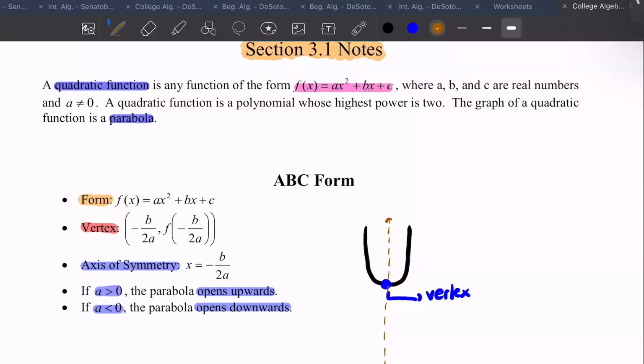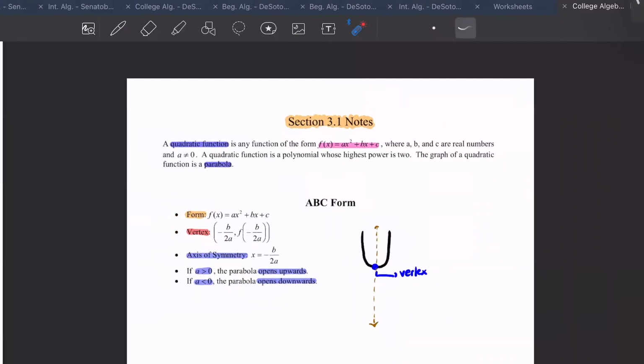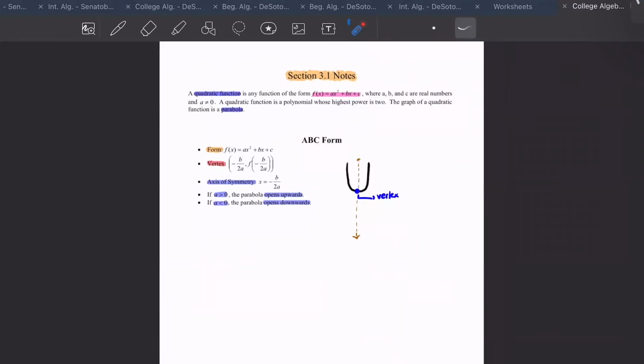Your axis of symmetry will split your parabola in half. If I folded this part over this line, it would land exactly on top of this line. That's what symmetry means. So knowing all of those things is very important.